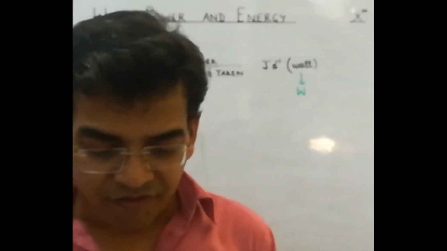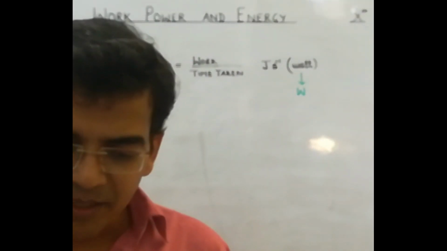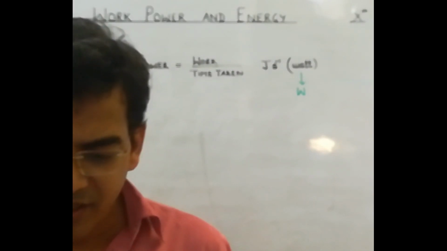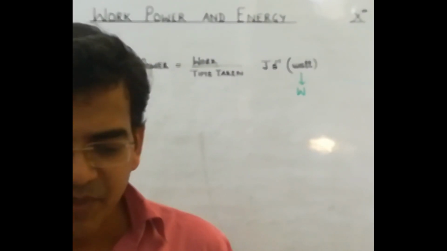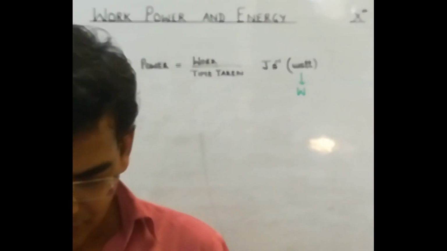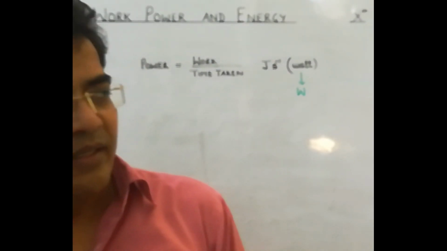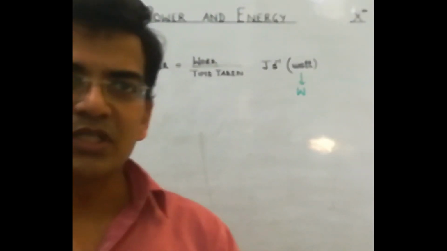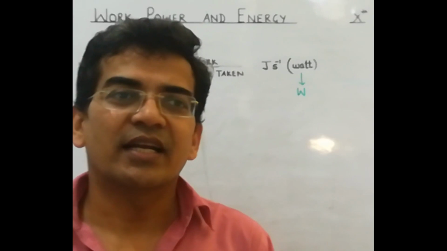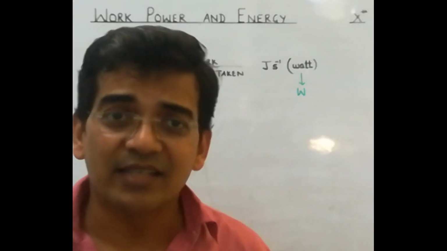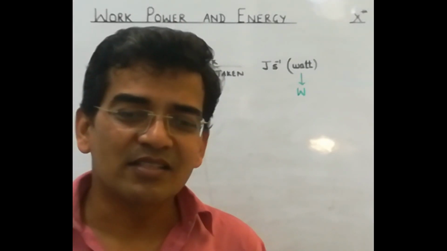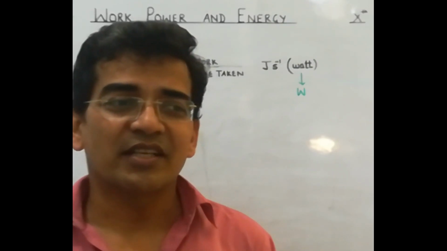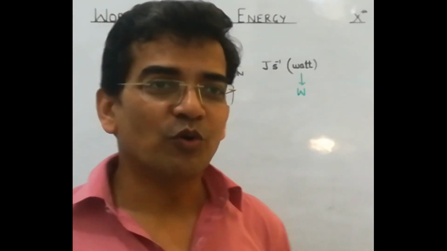So from the above relation we see that power spent by a source depends upon the amount of work done and the time taken by the source. If you find a body taking more time to do a certain work, you will say that the power of the body is less. And if a body is taking less time to do a certain work, we will say that the power of the body is more.